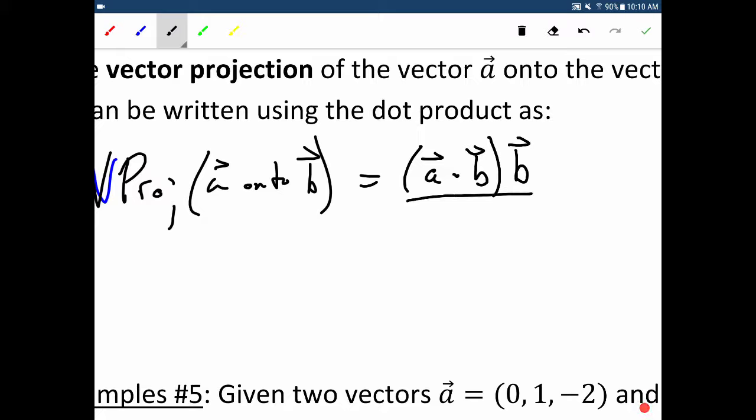And on the bottom, because it already had the magnitude of B, now I'm multiplying by another magnitude of B, so I can actually just square it. And so again, you know that this is going to give us a vector, because this part and this part are going to be scalars. You are just multiplying a scalar by a vector, which will, of course, give you a vector.